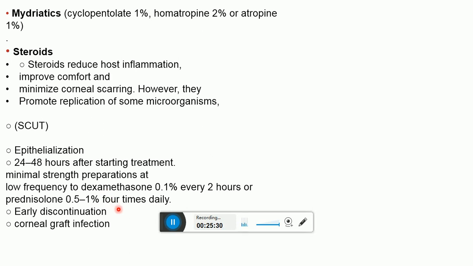Early discontinuation may lead to rebound recurrence of inflammation. Threshold for topical steroid use may be lower in cases of corneal graft infection, as they may reduce the risk of rejection. Fluoroquinolone eye drops have limited effectivity against gram-positive organisms, particularly Streptococcus.